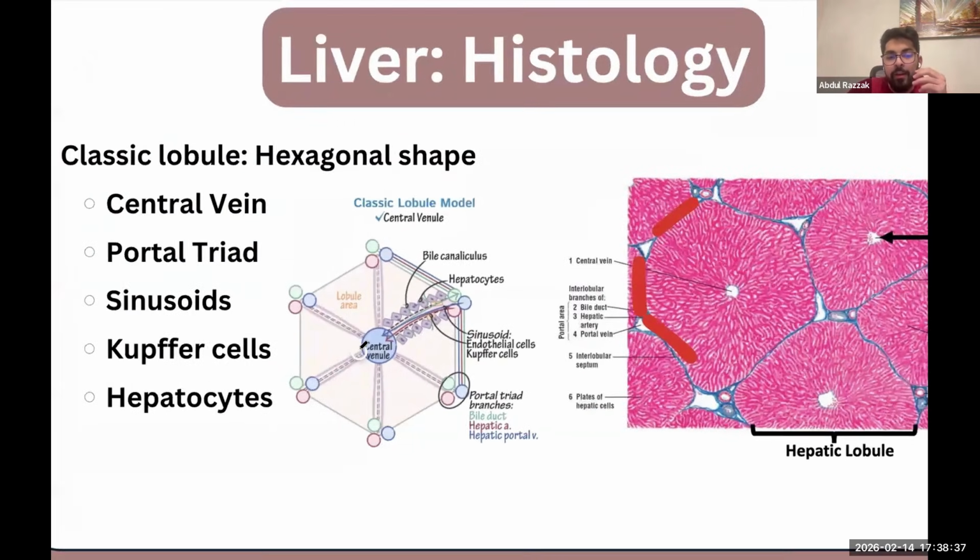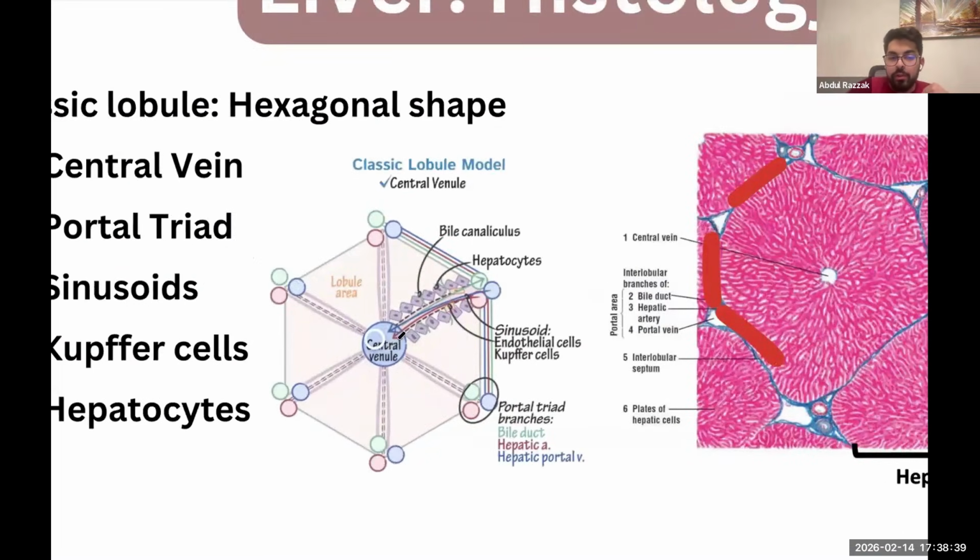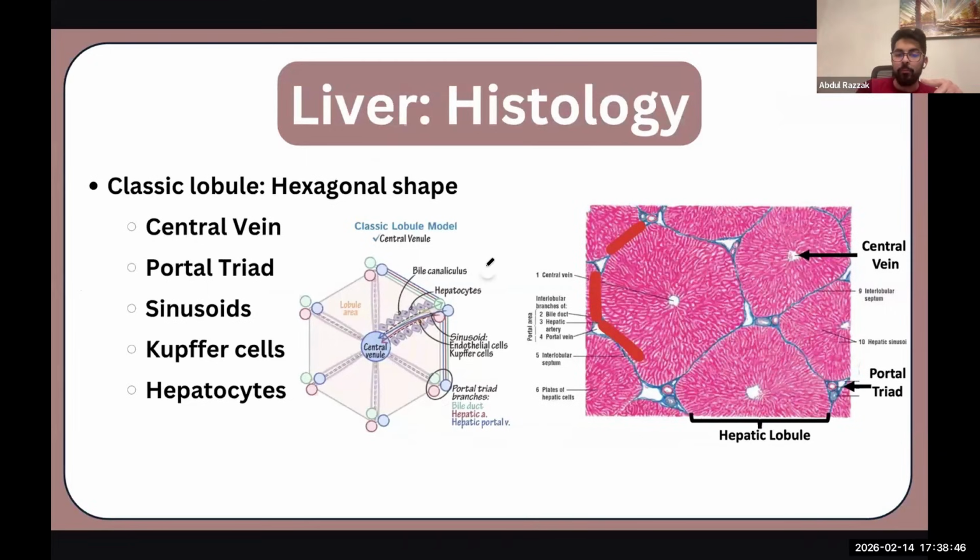On the other hand, you're gonna have bile produced by the liver being sent off from the central vein to the bile duct. So you have here bidirectional flow, blood going toward the center and bile going toward the triad. Some other cells that are included in those lobules are Kupffer cells and hepatocytes. And we also have endothelial cells.